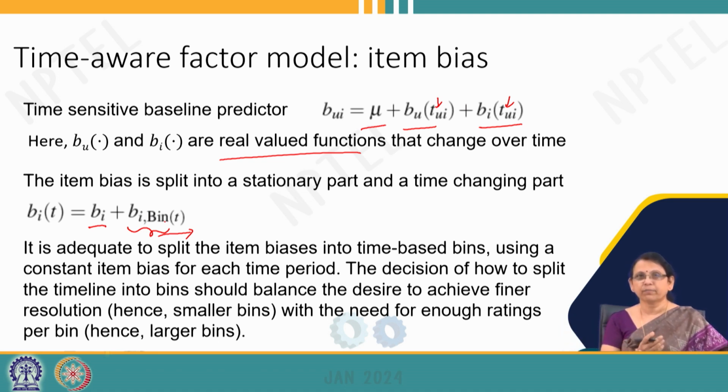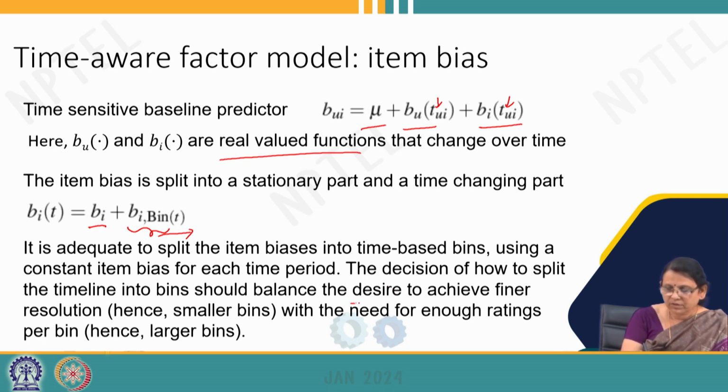So, it depends. How you decide how many bins you are supposed to use depends on you. However, you are supposed to keep one thing in mind: you definitely have a desire to have very fine resolution over this, so that your bin size is small.